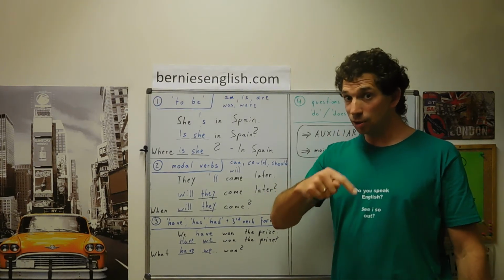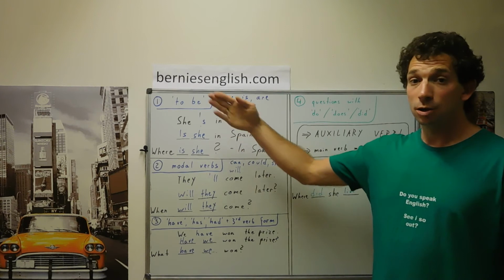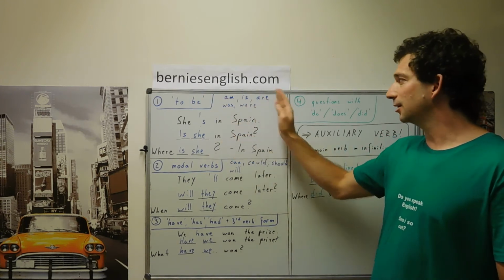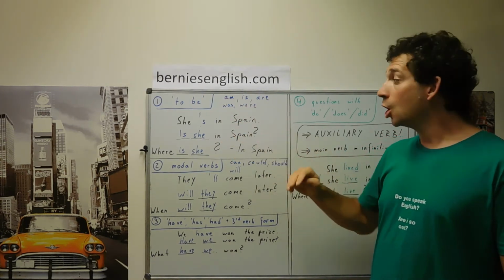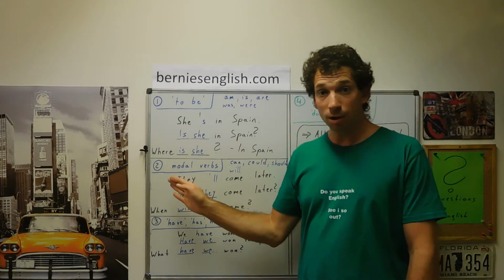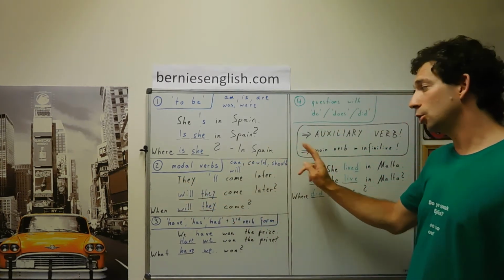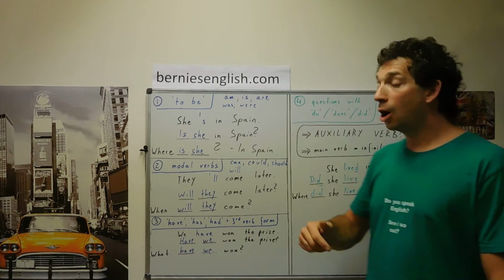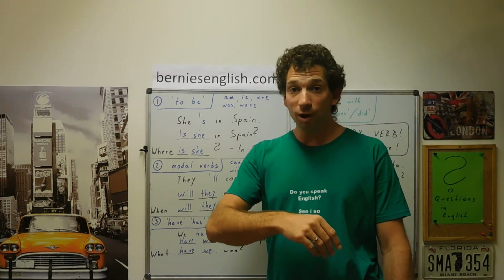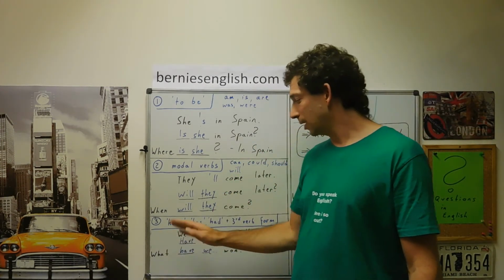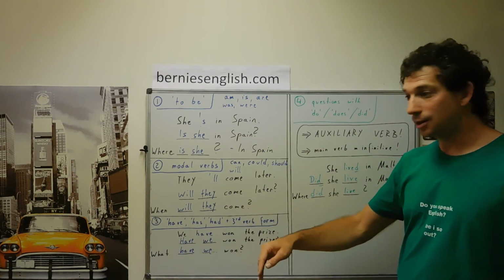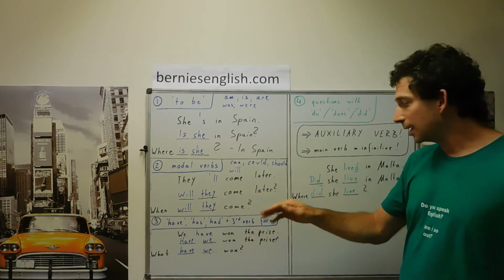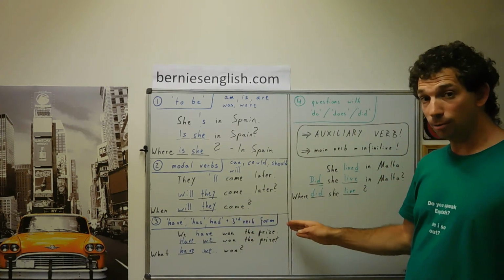So you can only use either to be, am, is, are, was, were, or you can use a modal verb, for example, can, could, should, will, or you can form a question in the present perfect with have, has, or had, that would be the past perfect, and the third verb form.